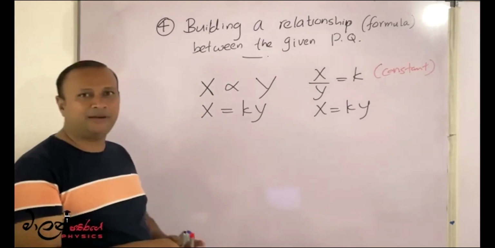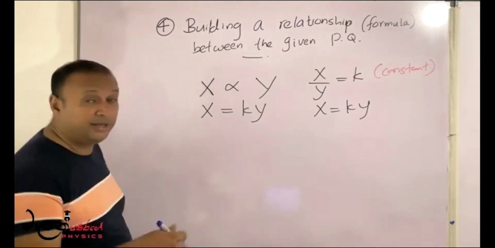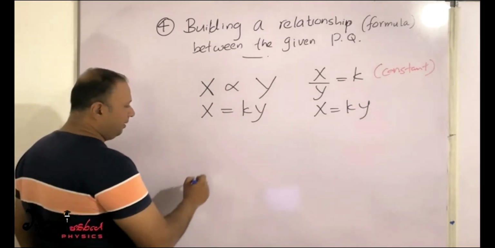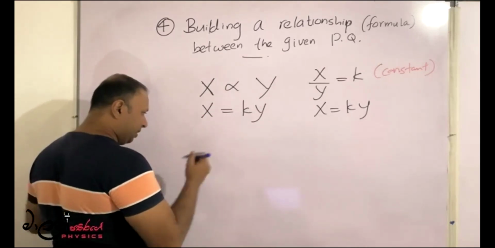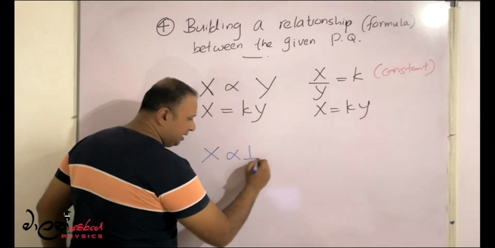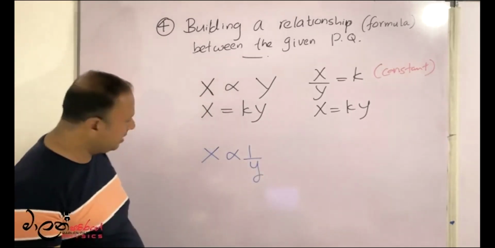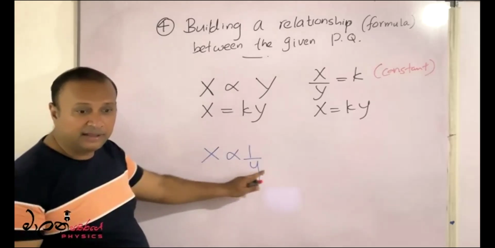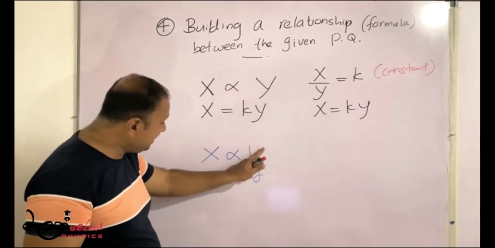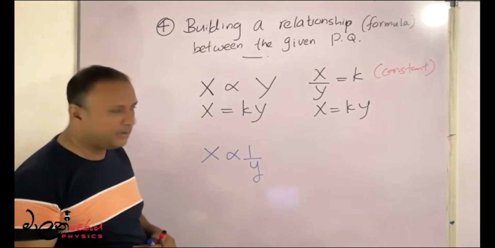The same thing can be done for indirectly proportionality. Normally, indirectly proportionality is symbolically represented in this way. So if there is this kind of symbol, that means x is indirectly proportional to y.